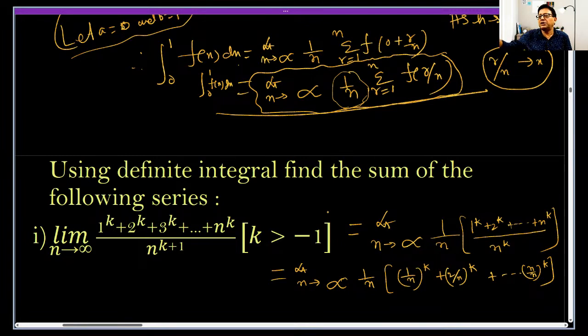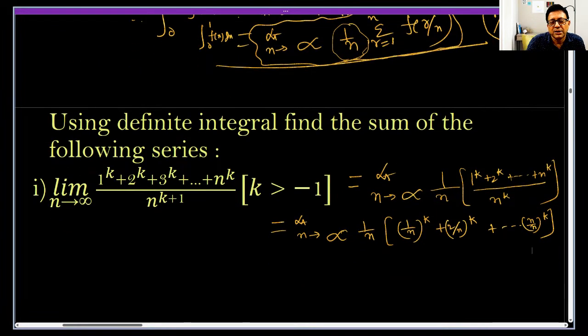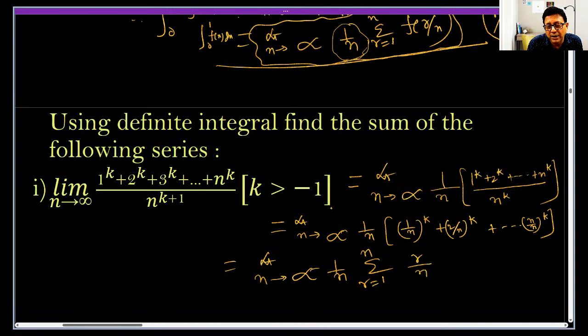That 1, 2, 3, this way up to n. So there it will be limit sigma r equal to 1 to n. I hope you have understood up to this time, isn't it?